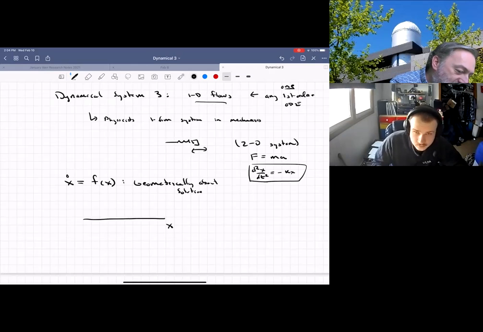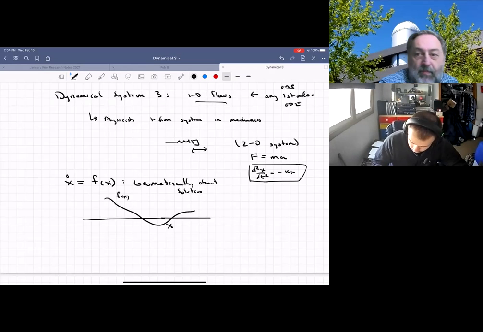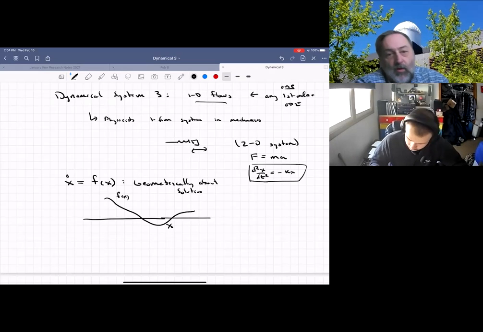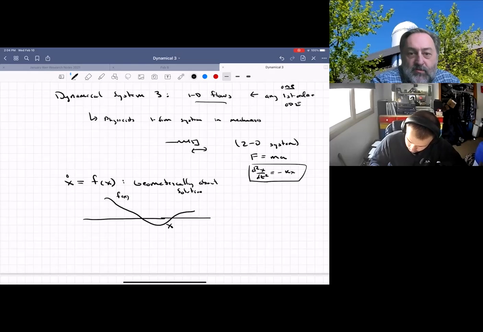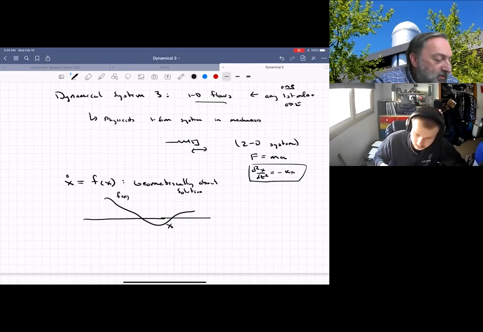So if this is the x-axis, then let me suppose that this is a plot of f of x. This curve here is f of x. Then all we can do is flow to the right or flow to the left. All right, so the one-dimensional system is just going to be represented by arrows on the axis, where I'm either flowing to the right or flowing to the left.